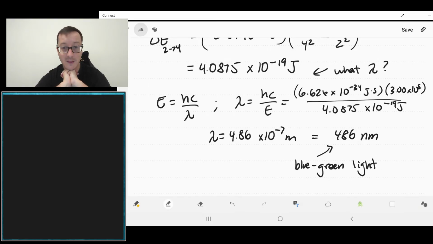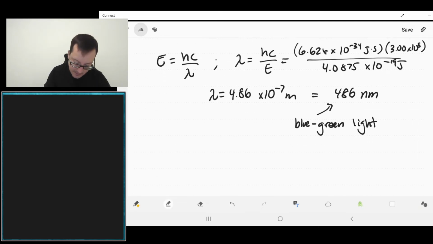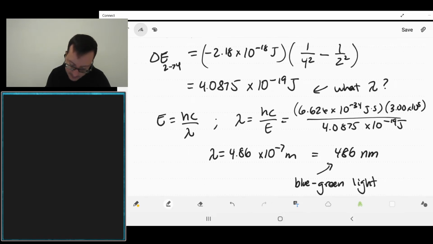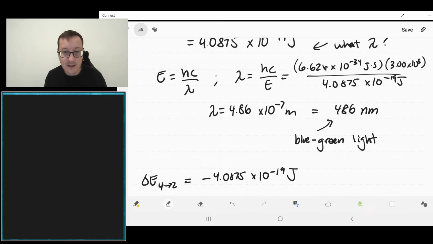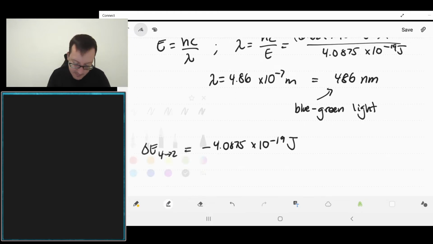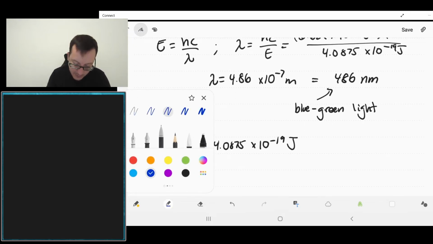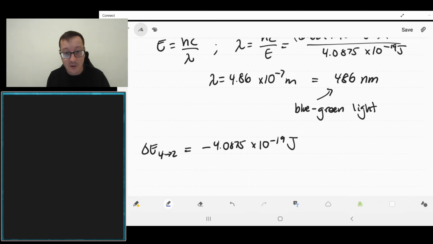If we were emitting the light, by the way, the process would be the same thing. If we're going 4 to 2, it would be the opposite, because it's just a sign change. When this happens, we always kind of use the absolute value.